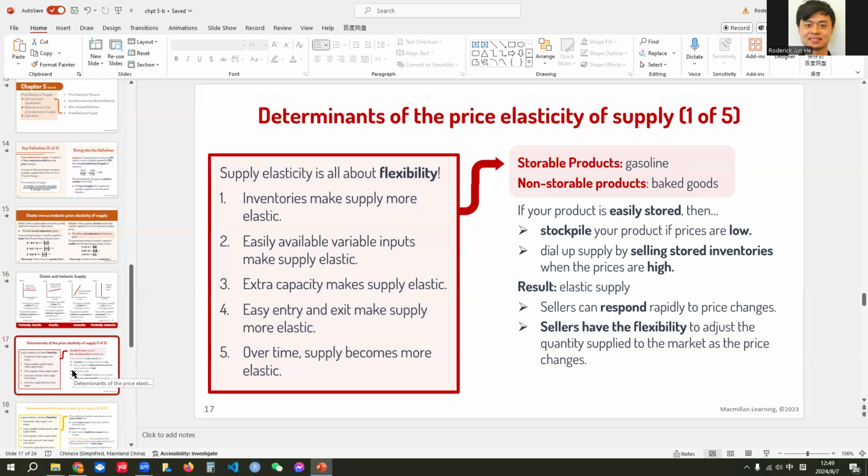If you have inventory, if you have spacious storage, or if you already have a lot of goods in your storage, then yes, it is costly to keep those goods, but it provides you some flexibility. If the price decreases this season, I just put things in my storage, right?